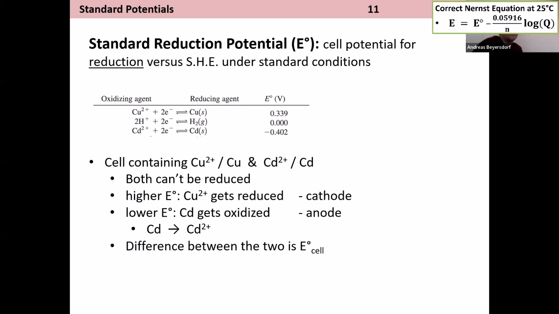It is the difference between the two reduction potentials. So E cell is going to be the reduction potential of the anode minus of the cathode.